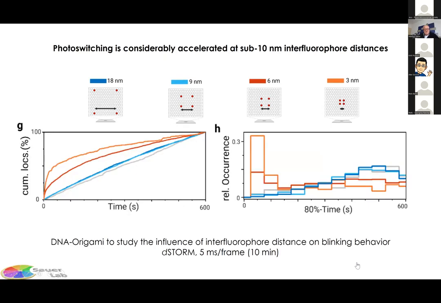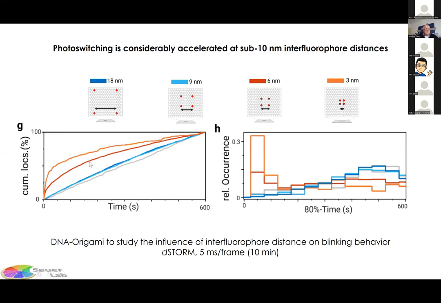If you analyze these dSTORM movies and you track, for example, here color-coded 18 nanometer dark blue, 9 nanometer light blue, red 6 nanometer, orange 3 nanometer, the localization statistics with time over these 10 minutes, you see that for the reference and for the 18 and 9 nanometer, we localize fluorophores throughout the 10 minutes with almost the same probability.